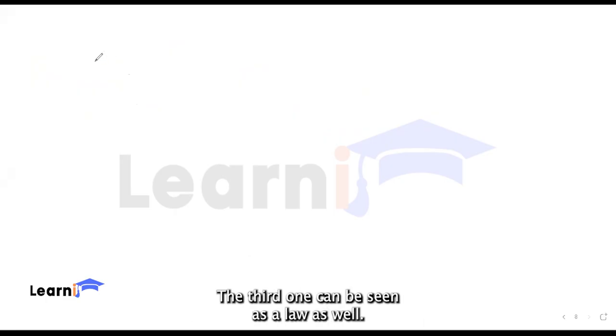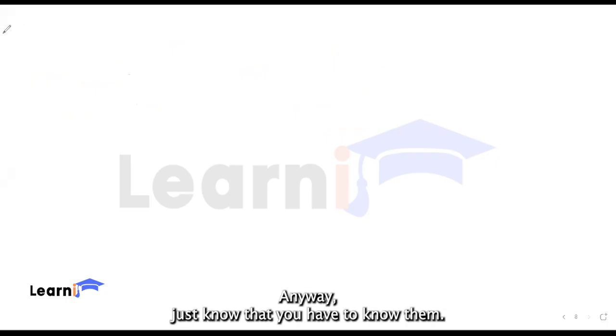Okay, let's continue. Let's look at some of these definitions that we have. They are also laws, but we call them definitions because two of them, or three of them, are definitions. The third one can be seen as a law as well. Anyway, just know that you have to know them. That's what it boils down to.